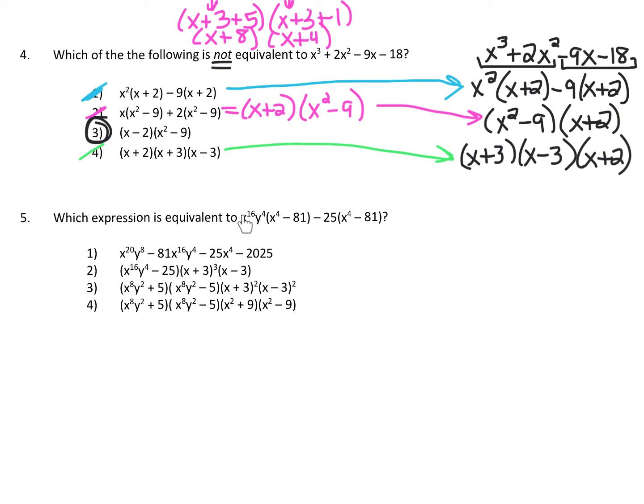So I'm going to take the x to the 16th, y to the 4th, minus 25, and group them together. I'm just going to write equals, in one parenthesis. And then I'm going to take my common parenthesis and rewrite that once and once only.